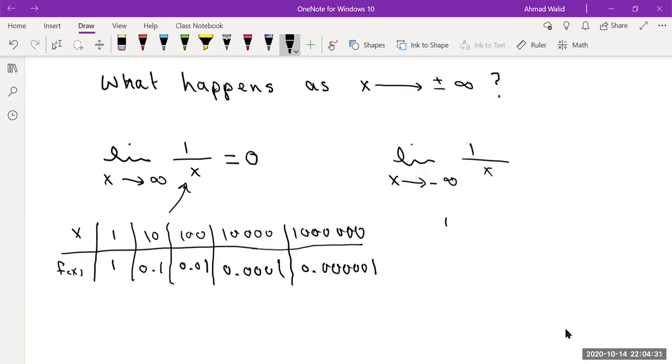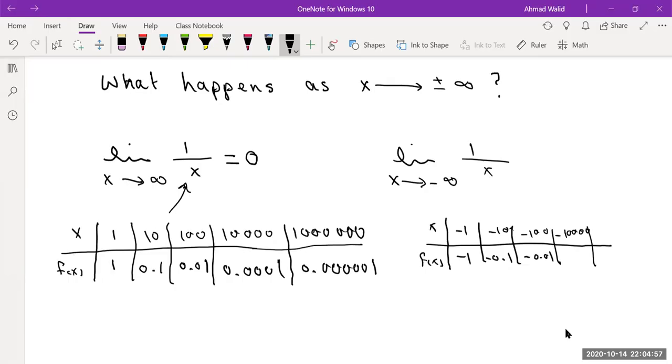Let's check with the other one. X, f of x. Because x is approaching negative infinity, I'll use the same numbers with a negative sign: negative 1, negative 10, negative 100, and negative 10,000, and so on. Of course, here I'll get negative 1, negative 0.1, negative 0.01, negative 0.0001, right?